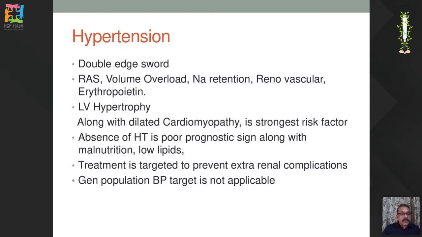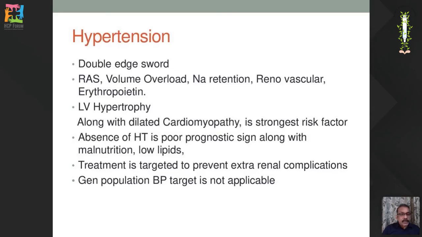The reasons for the hypertension are very well known: renovascular, sodium retention, volume overload, and renin-angiotensin system overactivity. Left ventricular hypertrophy along with cardiomyopathy, usually dilated cardiomyopathy, is the strongest risk factor for cardiac risk.